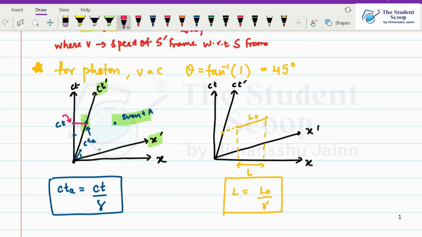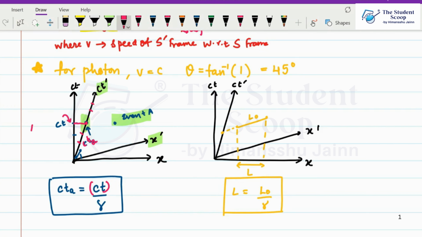Let this be some CT. If this is some CT, then all I need to do is divide by the gamma factor to get CT dash. So even if the axes are not gridded, meaning the scales are not given on this axis, we can still find a particular coordinate by taking the corresponding coordinate on the CT axis and dividing it by the gamma factor.